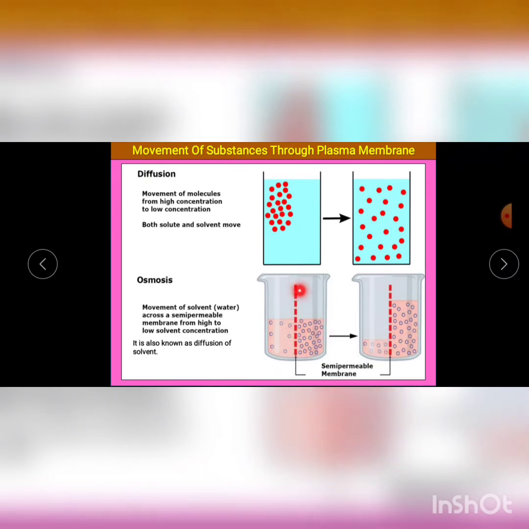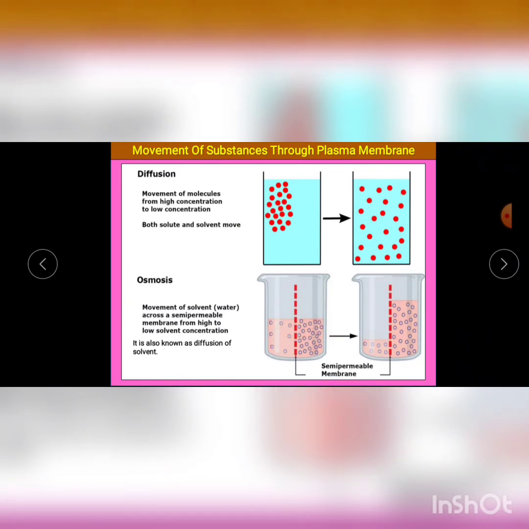So if this is a semi-permeable membrane, at first we had equal amount of water, but now the amount of solute is more on our right side as compared to the left side, and vice versa. The concentration of water is more here than here.